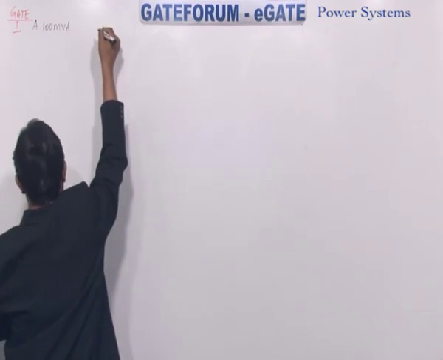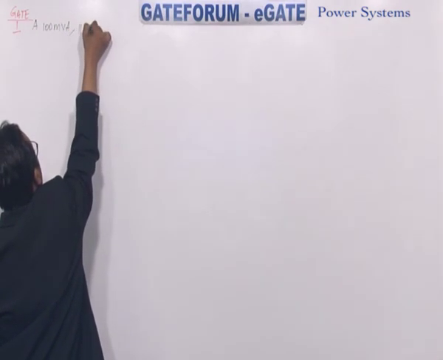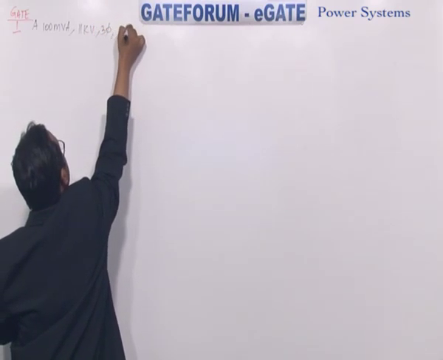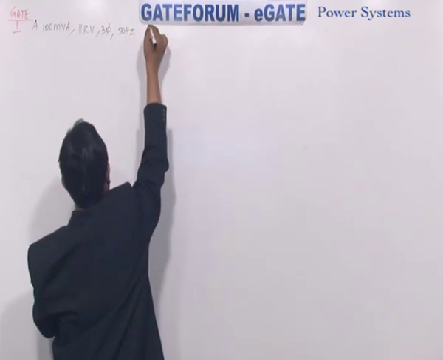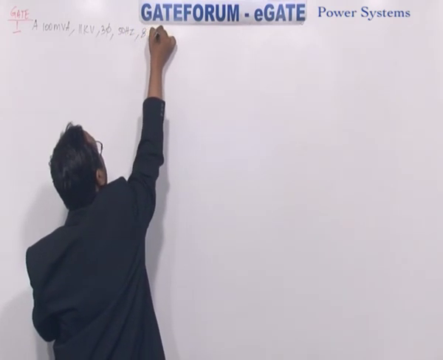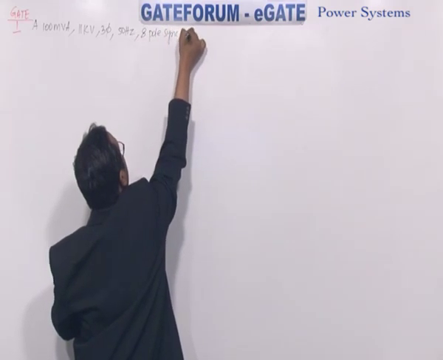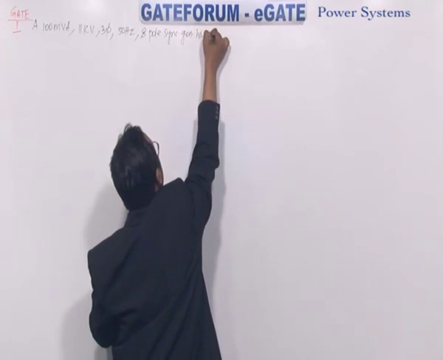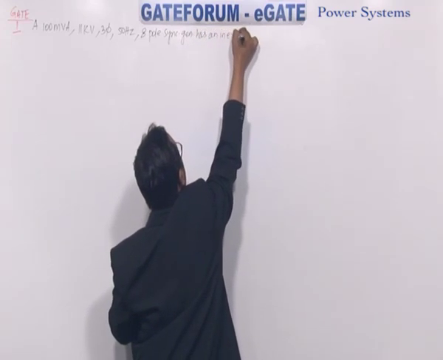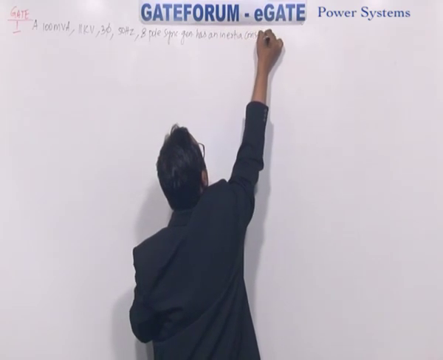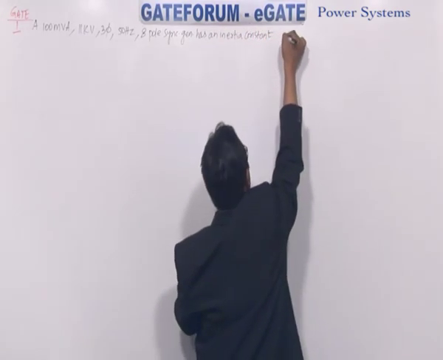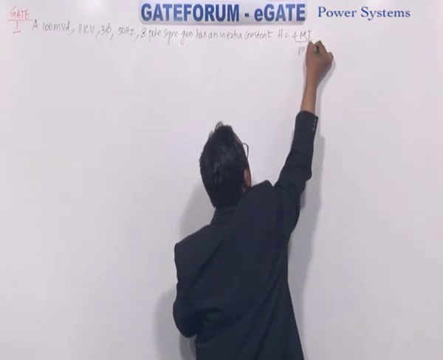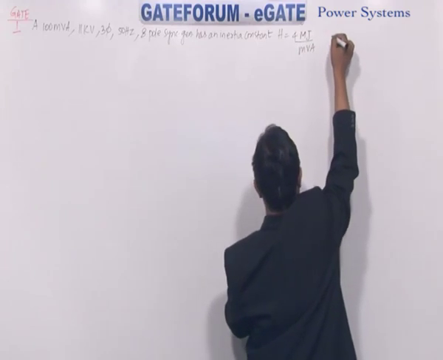A 100 MVA, 11 kV, 3 phase, 50 hertz, 8-pole synchronous generator has an inertia constant H equal to 4 megajoules per MVA.